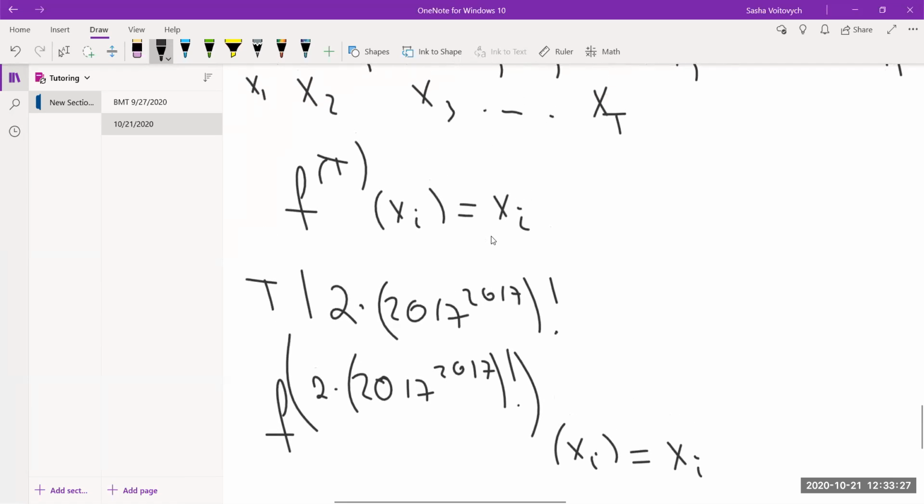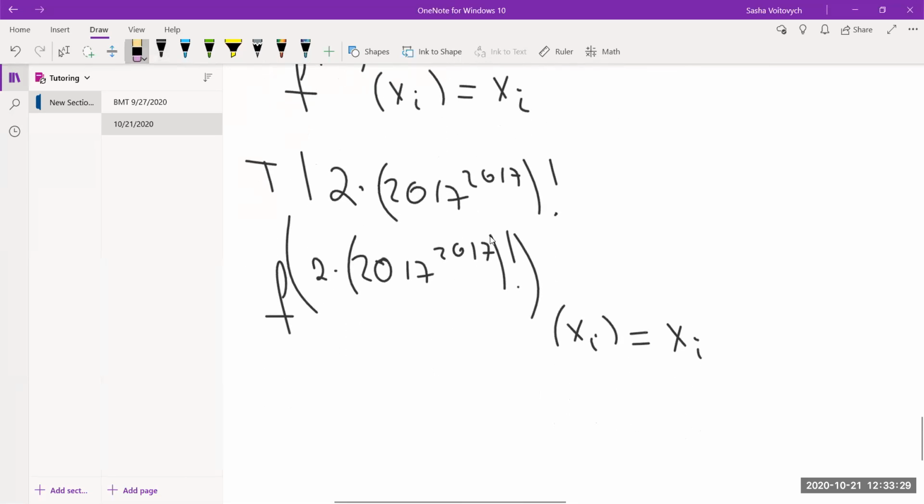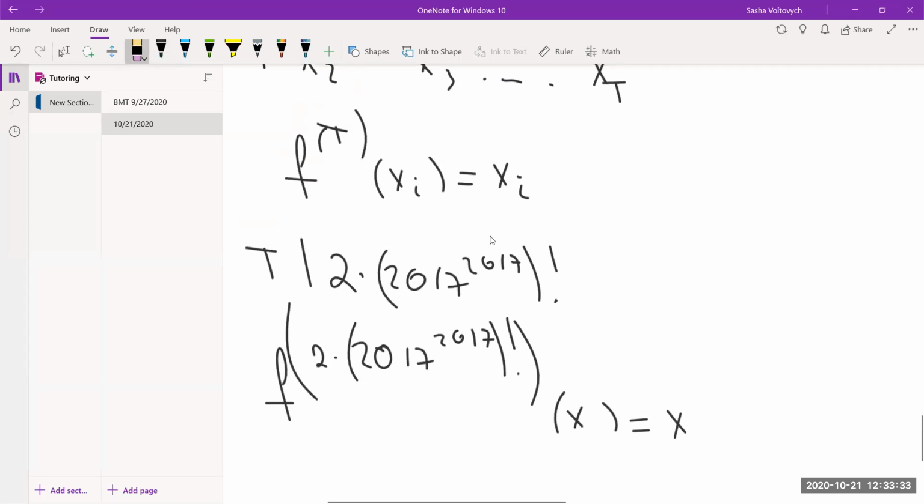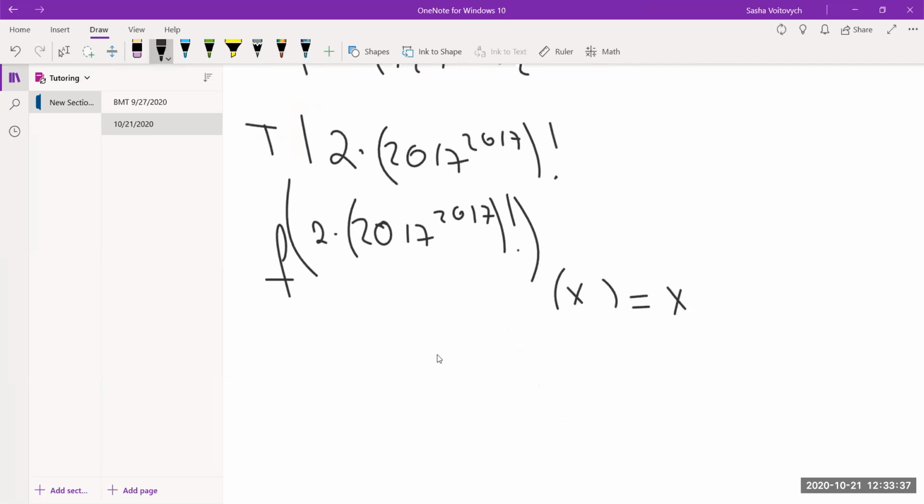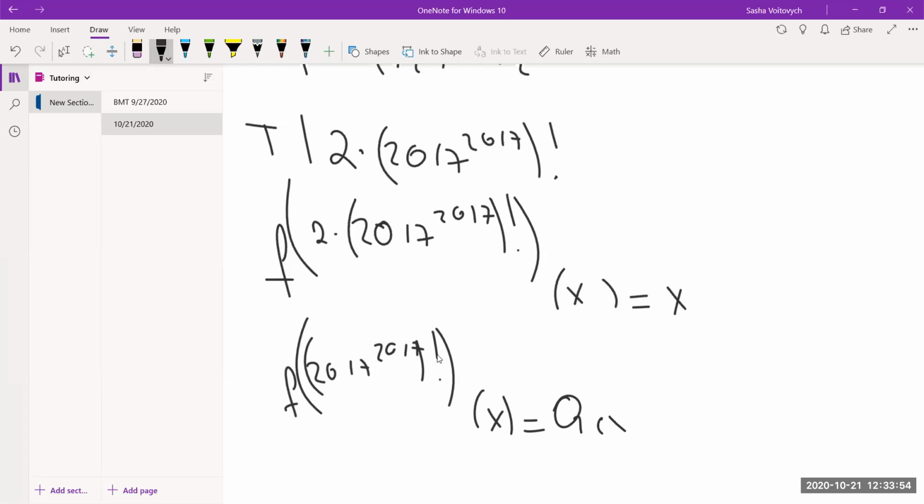Okay, so basically this equation has at least t distinct roots. Now let's remember that f concatenated with itself this number of times of x is equal to q of x, our polynomial.